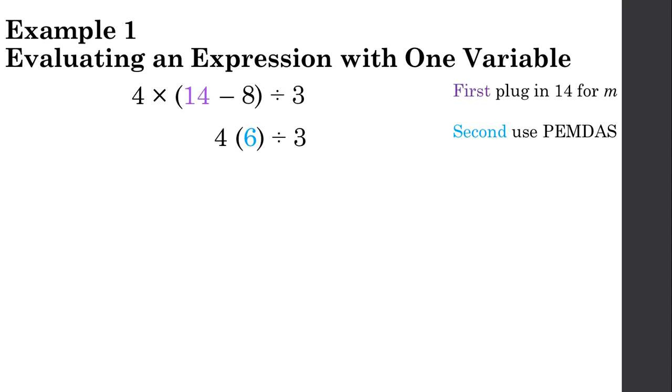And then we look for multiplication or division, whatever comes first from left to right. So we have 4 times 6, which is 24. And finally, we have 24 divided by 3, which gives us the value of 8. And there's our value of our expression when m is equal to 14.